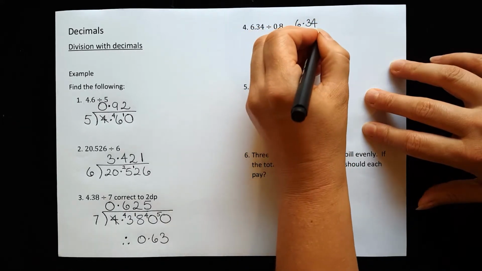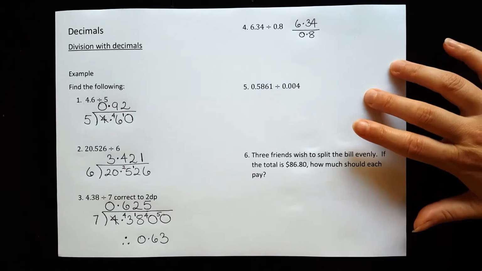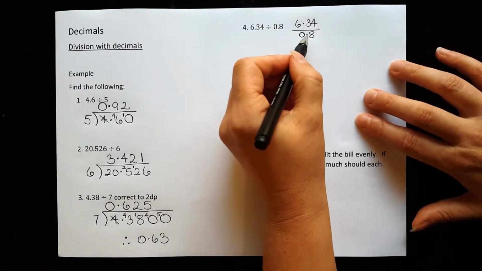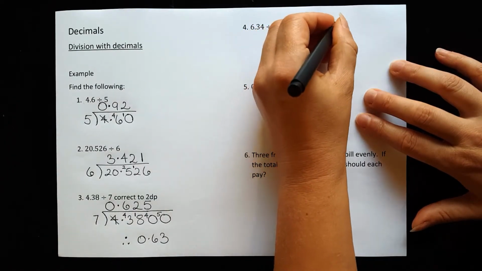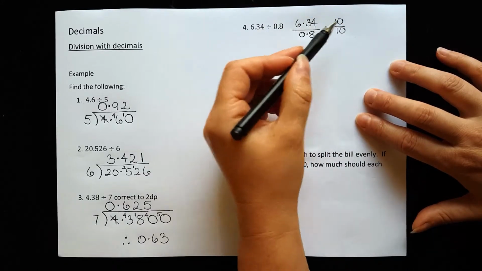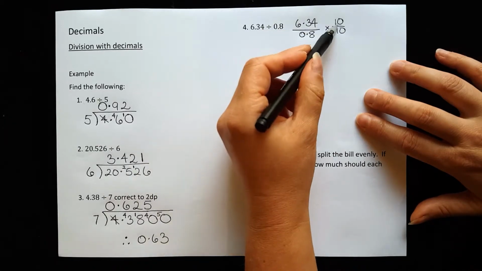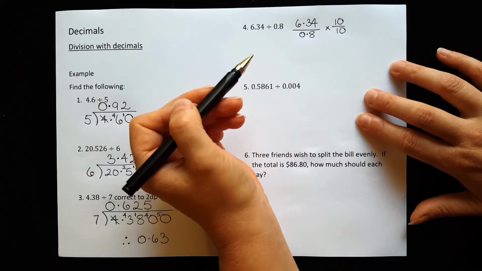Instead of divide, I'm going to write it as a fraction over 0.8. What we're going to do is multiply, in this case, by 10 on the top and the bottom. Okay? If I multiply by 10 over 10, 10 over 10 is really just 1. I'm not really changing the value of anything. But by doing this, I'm going to be jumping the decimal point here, making that a nice whole number.